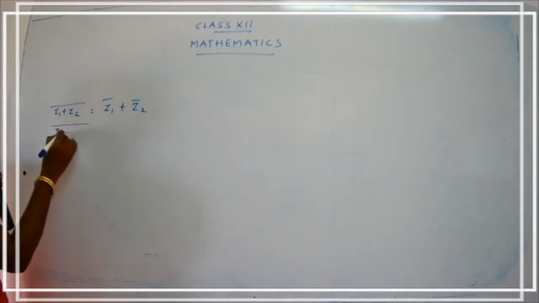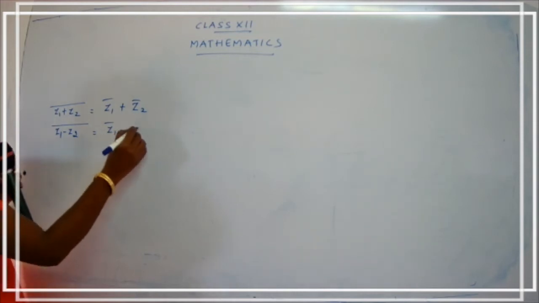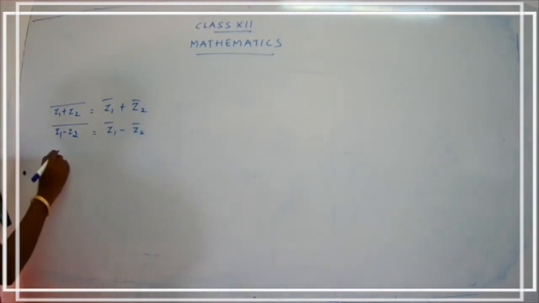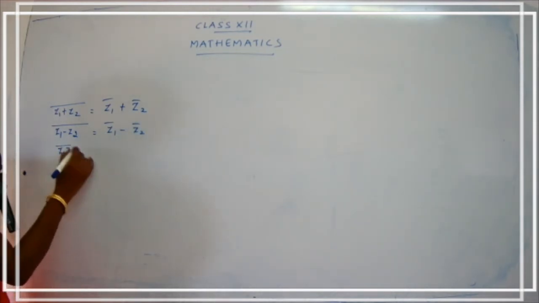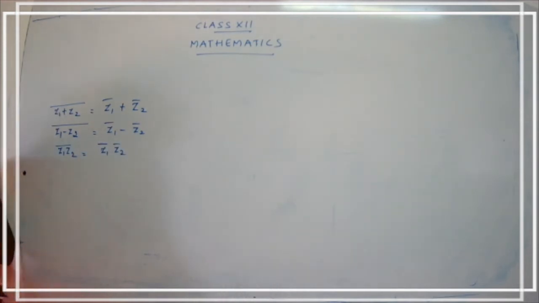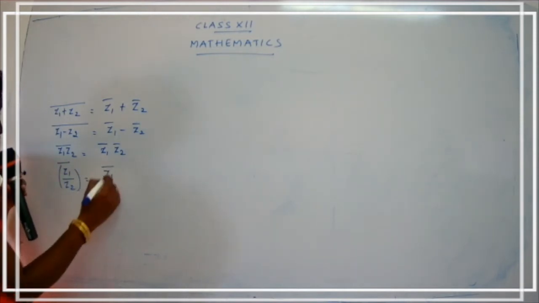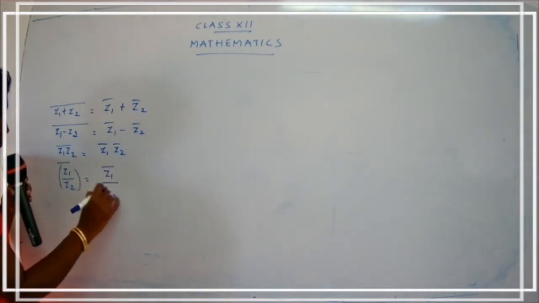Similarly, conjugate of Z1 minus Z2 is Z1 conjugate minus Z2 conjugate. Then for Z1 Z2, the multiplication, it is conjugate of Z1 into conjugate of Z2. Then for division also we use this property: conjugate of Z1 upon Z2 is equal to conjugate of Z1 upon conjugate of Z2.